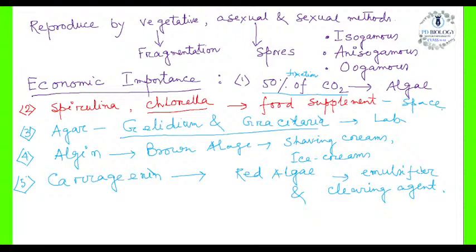Agar, from Gelidium and Gracilaria, used to grow microbes in the laboratory. Algin from brown algae is used in shaving cream and ice creams. And carrageenan from red algae is used as emulsifier and cleaning agent.